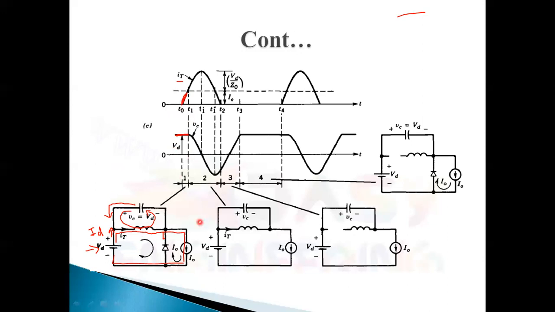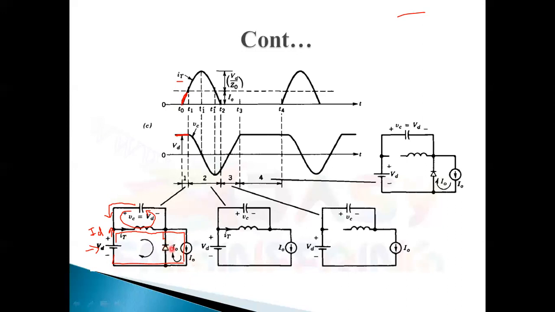After that, in T2, what happens? Okay, one more thing. If you see clearly, the current is flowing through this diode and also from this I0.